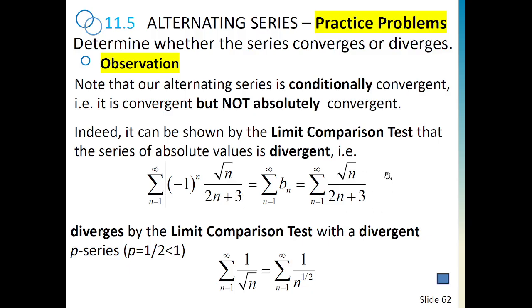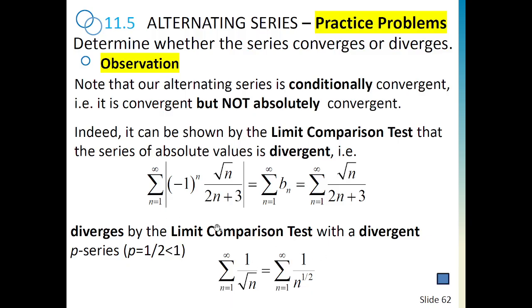Again, it's going to be dirty, it's not clear, so in this situation, again, it's easier to use the limit comparison test. The dominant term upstairs is radical n, the dominant term downstairs is 2n, so the comparison series is 1 over 2 radical n.